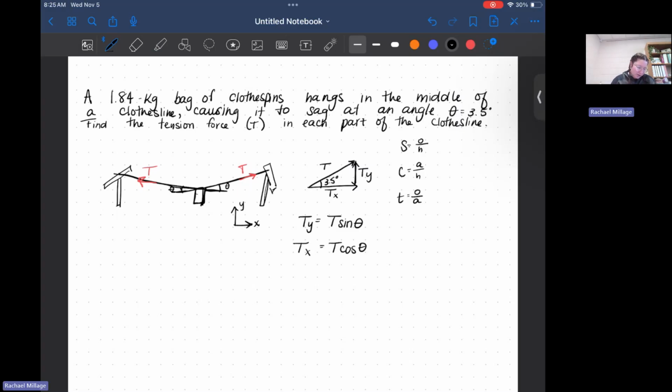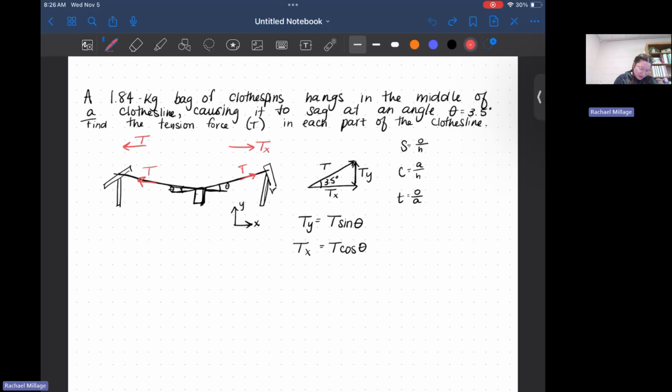In the x direction, though, if we really think about it, we only have tension in the x direction, right? So we have t sub x acting this way and t sub x acting that way. So t sub x in this case isn't really going to be helpful.